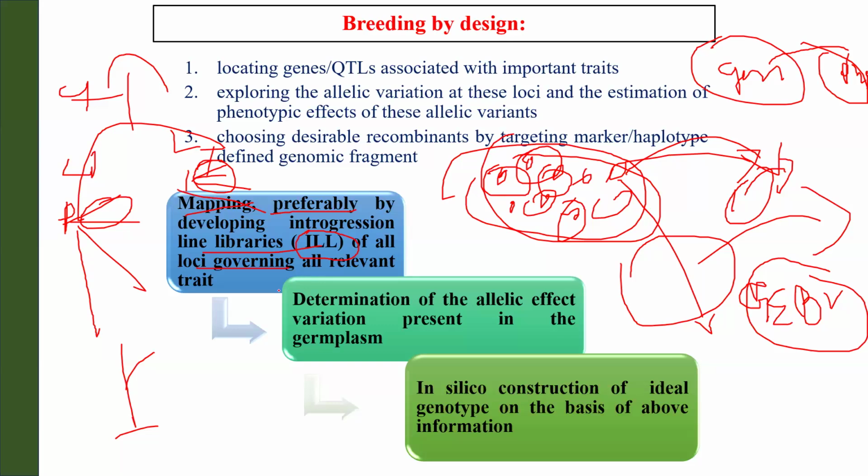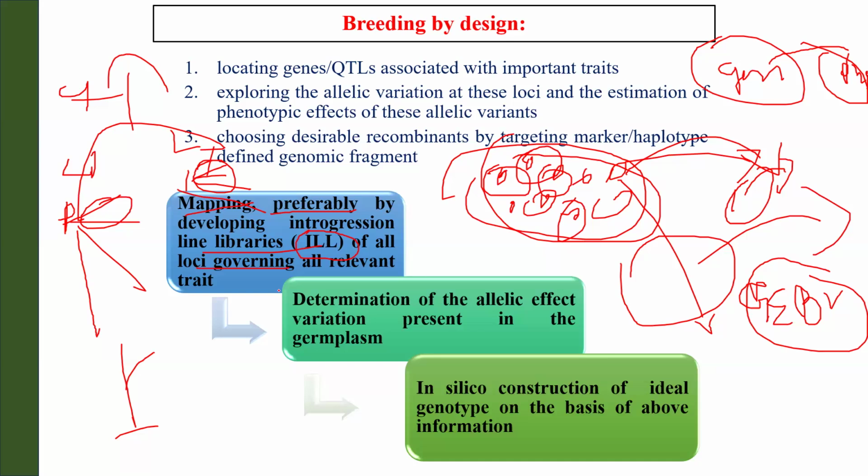When you take the entire library, it should represent the total donor genome. You are bringing the donor genome into the background of the recurrent parent in such a way that when you look at the entire population, it represents the complete genome of your donor.